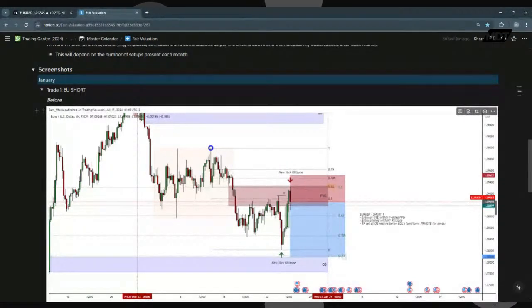So that is kind of known as inducement, where we start to trade higher as a false move almost, to build liquidity to then come lower into the intended level.